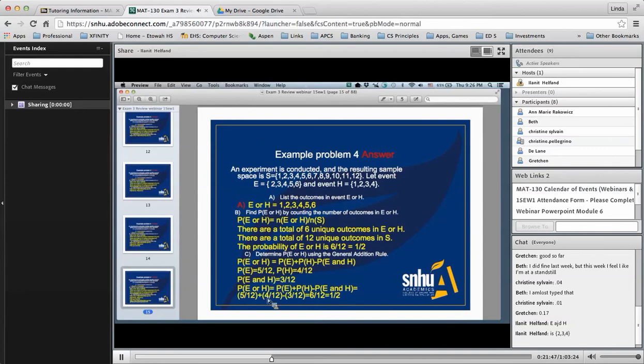And then I count this 4 out of 12, so plus 1, 2, 3, 4. If I were to just add those together, I would get 9 out of 12, and I would realize that I made a mistake, that I accidentally overcounted. Because the 2, I accidentally counted it twice, because I counted it when I was counting these guys, and I counted it again when I was counting over here. And the 3 and the 4 are the same thing. So 2, 3, and 4 each accidentally got counted twice.